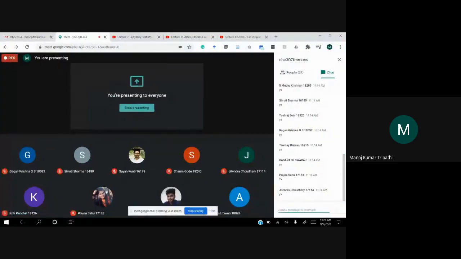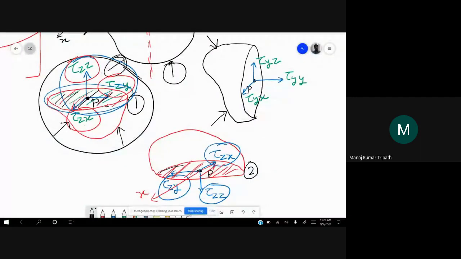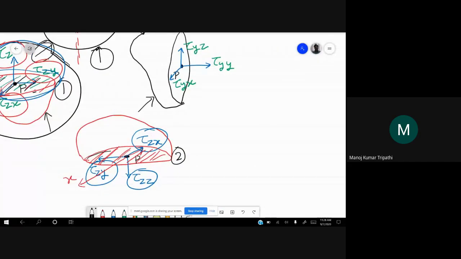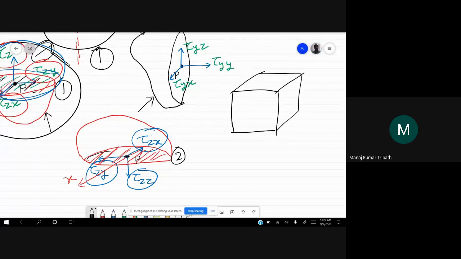Okay, now let me discuss one more thing here. The picture that I showed you last time, I showed a cube or a square in 2 dimensions, and I said that this is an infinitesimally small element.